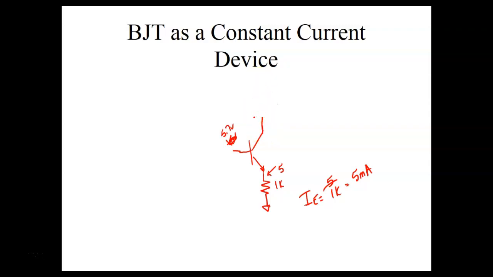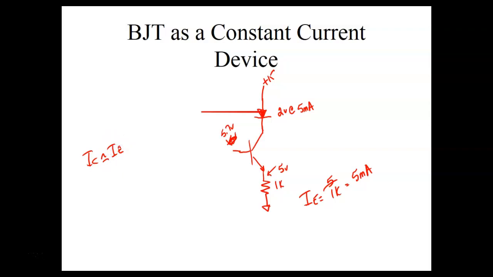Now let's say I put an LED up here, 2 volts at 5 milliamps, and connect this to plus 12 or plus 15. We're going to assume IC is approximately equal to IE.